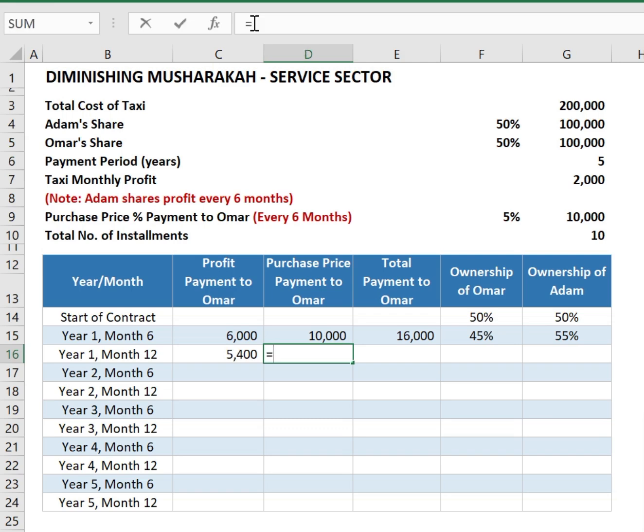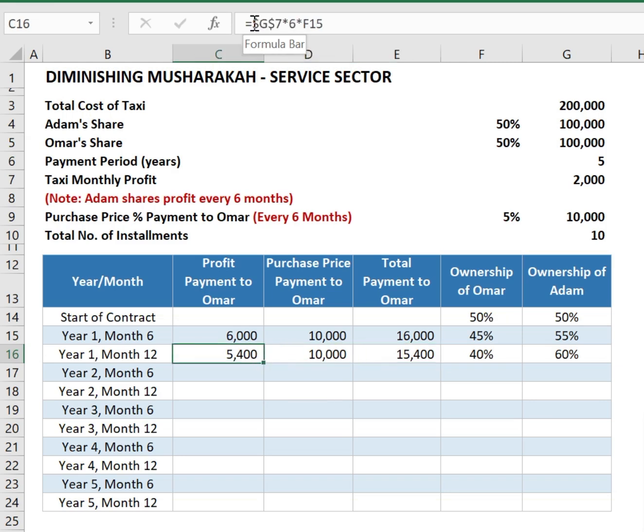The purchase price is 10,000 pesos fixed, and therefore the total payment to Omar is simply the summation of 5,400 and 10,000 pesos, and that is 15,400. The ownership interests of the respective partners are automatically calculated as I already set up the formula.